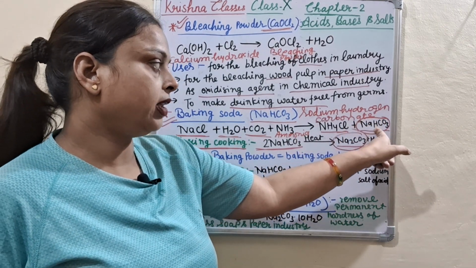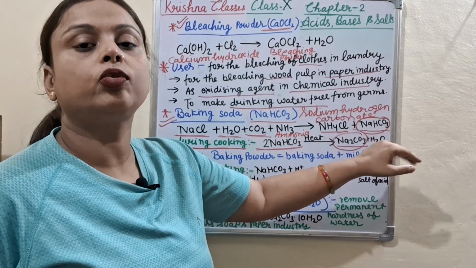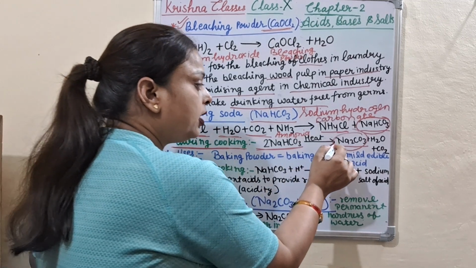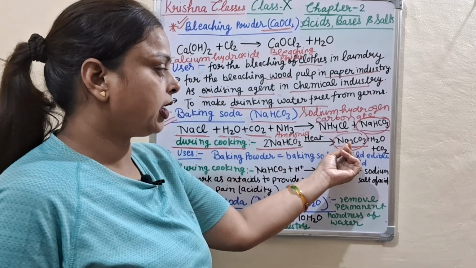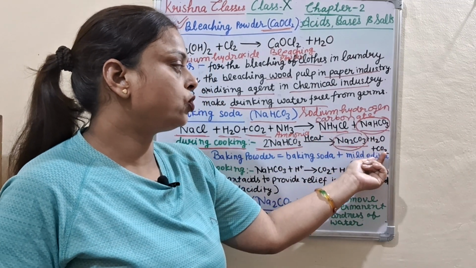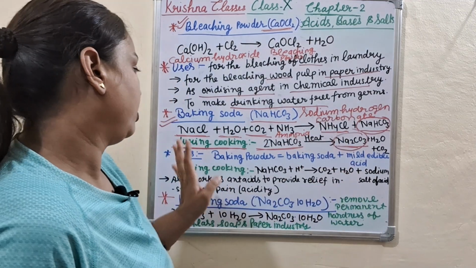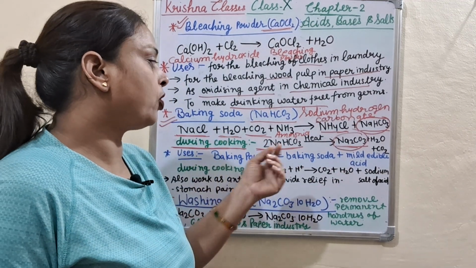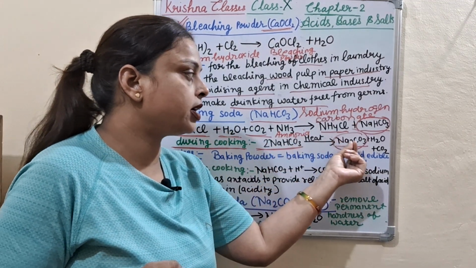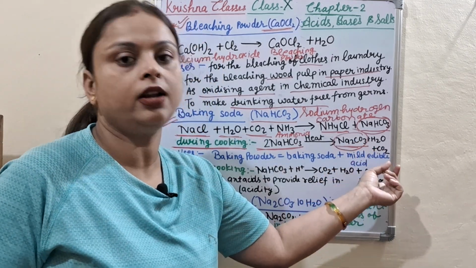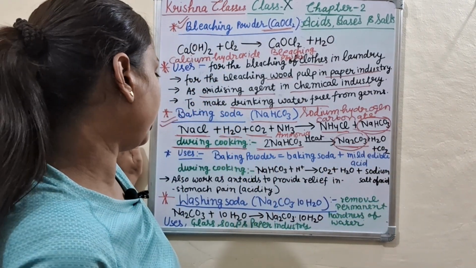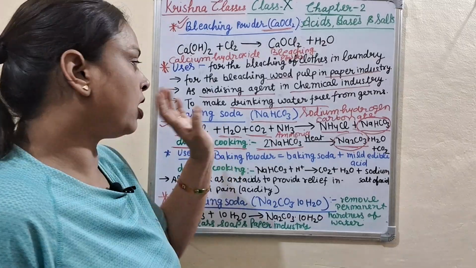Baking soda is sodium hydrogen carbonate or sodium bicarbonate, but this is sodium carbonate. The formula is Na2CO3 plus H2O plus CO2 formed. During the cooking process, sodium bicarbonate is converted into sodium carbonate, water, and carbon dioxide.